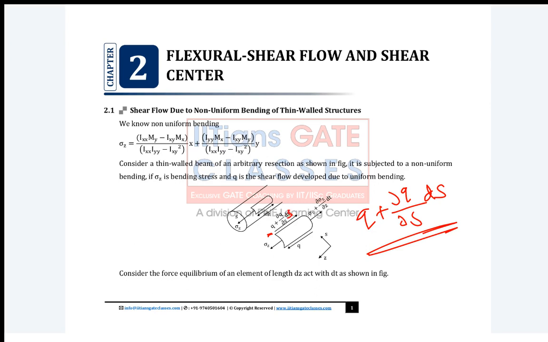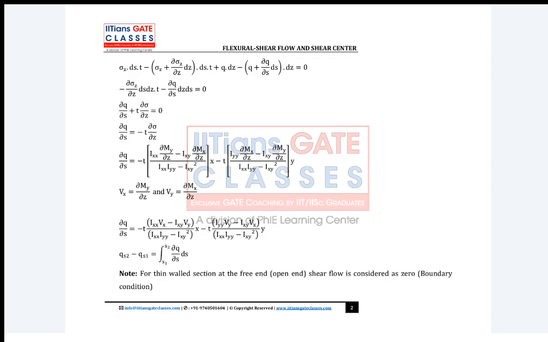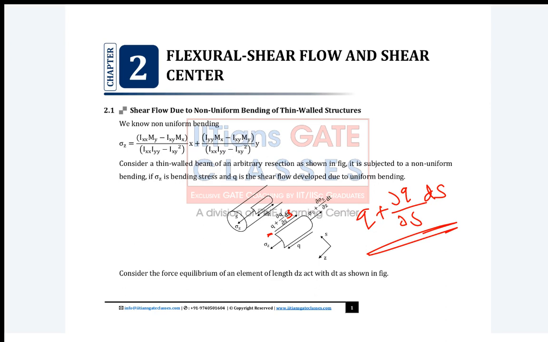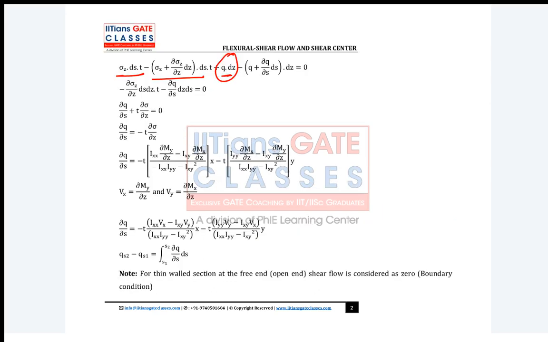Here it is ds. Now guys, if you take force equilibrium in the z direction, what do we get? Sigma z into ds into t minus q into dz. Why is t not there? You can see this is force per unit length into this length, which is dz, so it is q into dz.